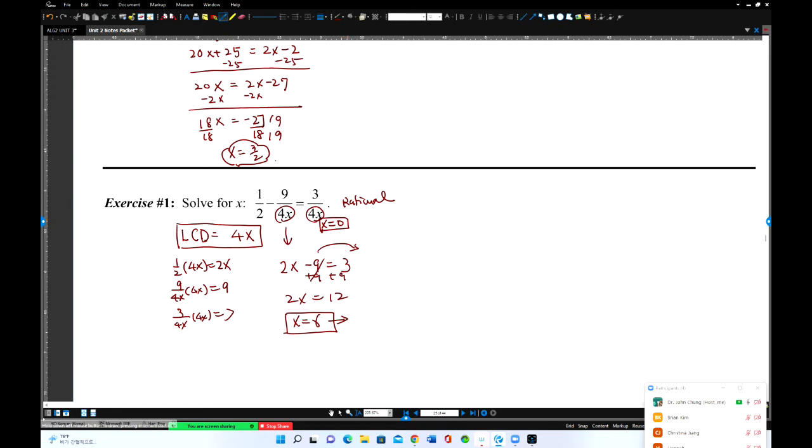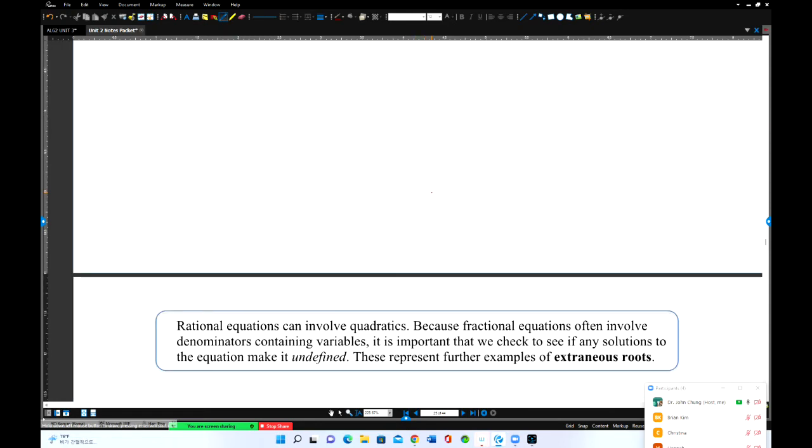So this kind of solution which makes the denominator 0 is an extraneous solution, okay? Extraneous solution means what? Fake solution. That is not a true solution. Alright. When you have more than one fraction, you have to use the LCD, which is the least common denominator. Okay? That's all. Now move to the next one.